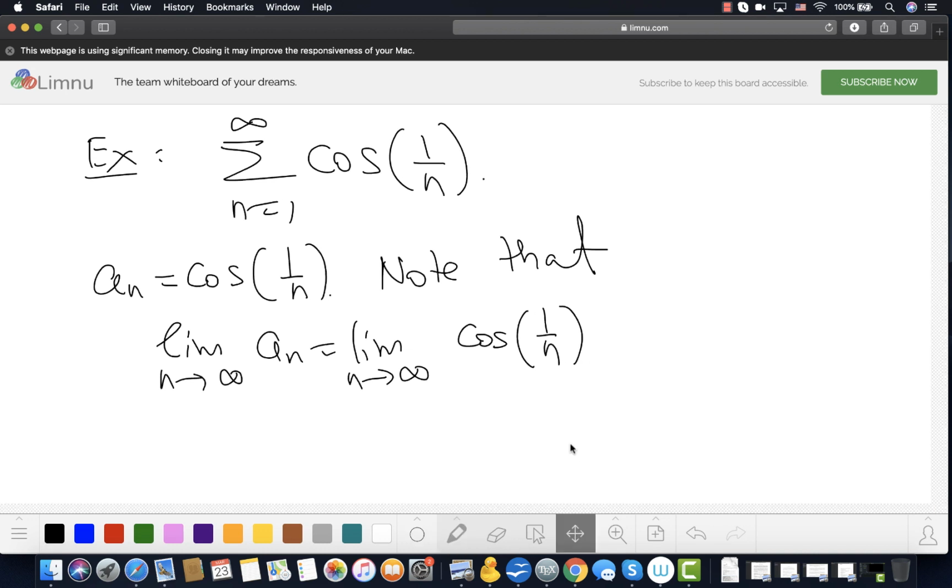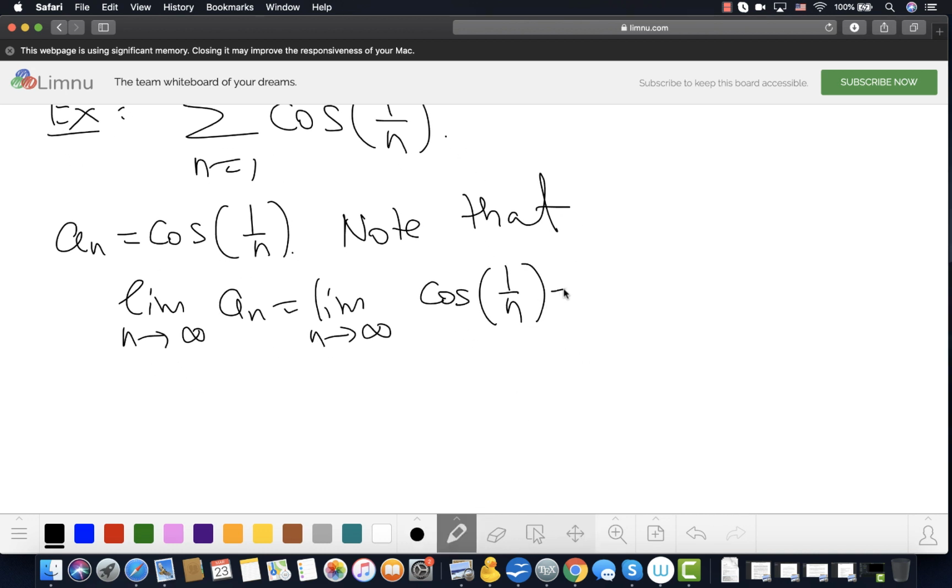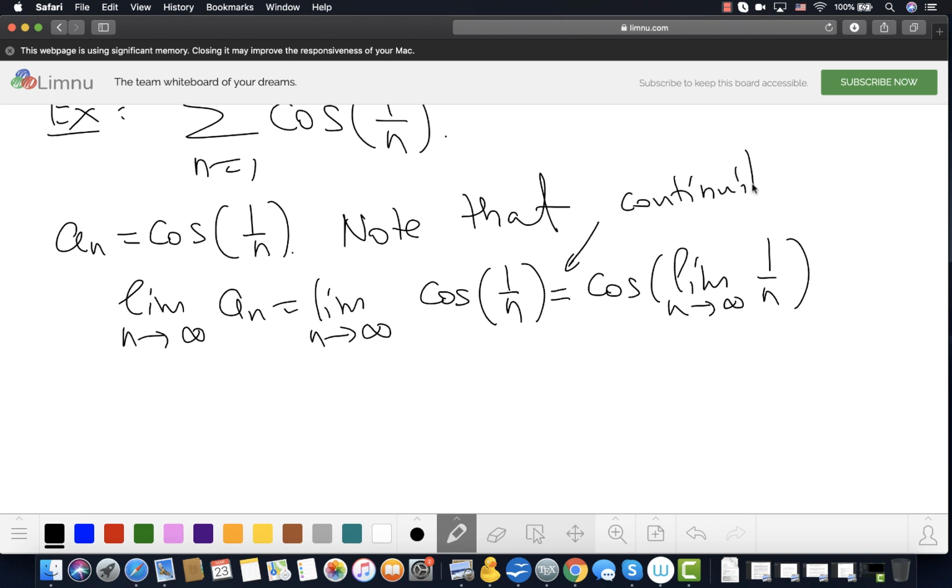Because cosine is continuous, we can interchange the limit and the function like so. Here we're using continuity of the cosine function to interchange the limit and the function. Now this is just cosine of the limit as n goes to infinity of 1 over n, which is 0, so we just get cosine 0, which is 1.